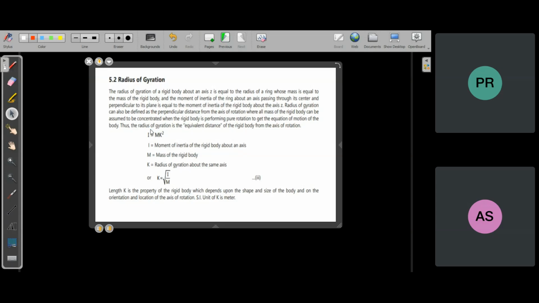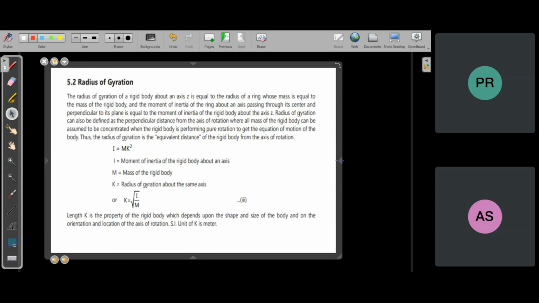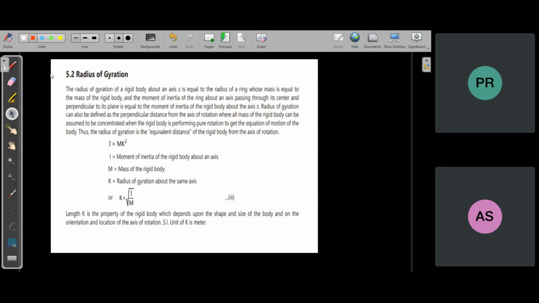Here you can see that if a rigid body is there, then that rigid body will have some moment of inertia about a given axis. So if this is a body of any irregular shape and size, it will have some moment of inertia about this axis.